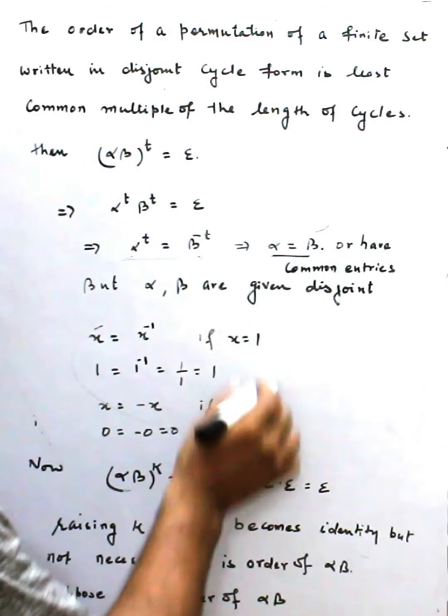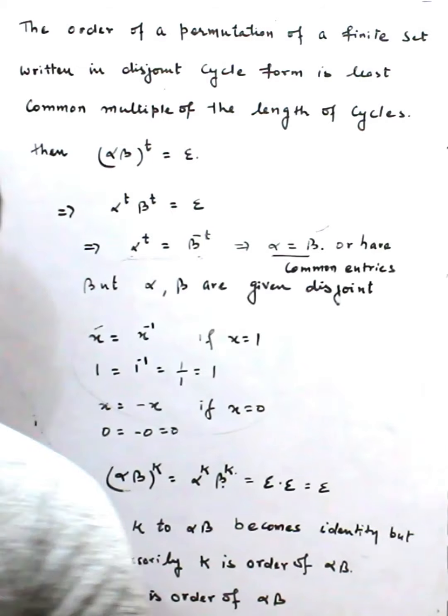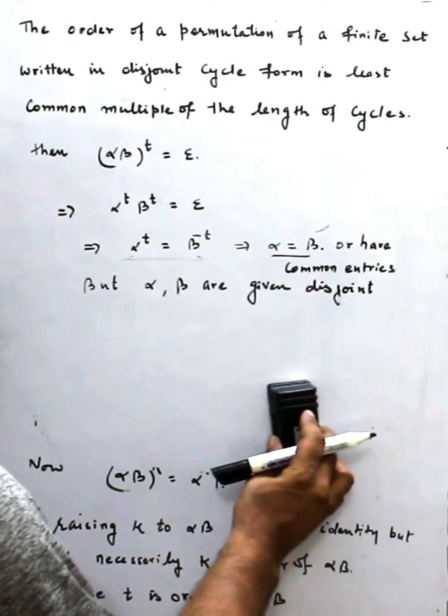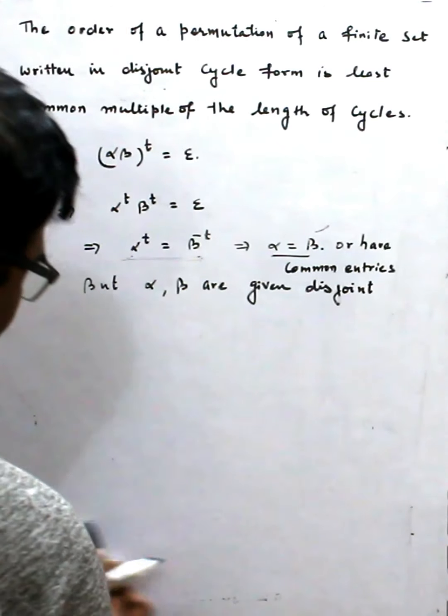So what happened here? From this we conclude that alpha and beta are identity.